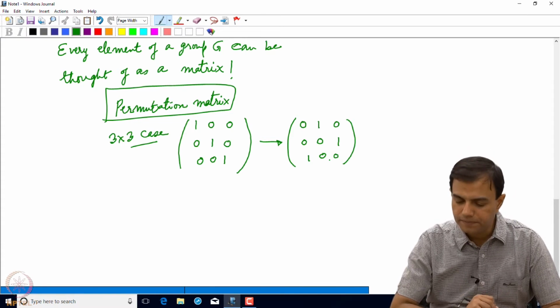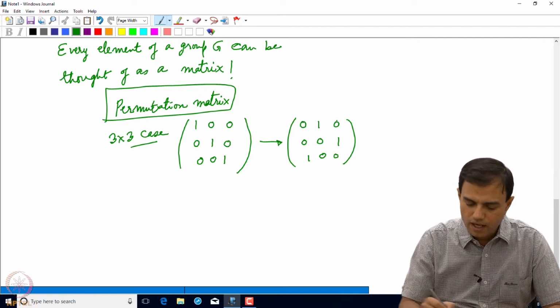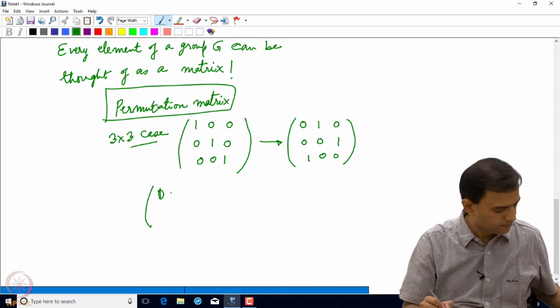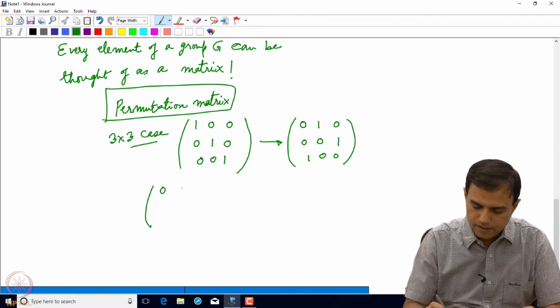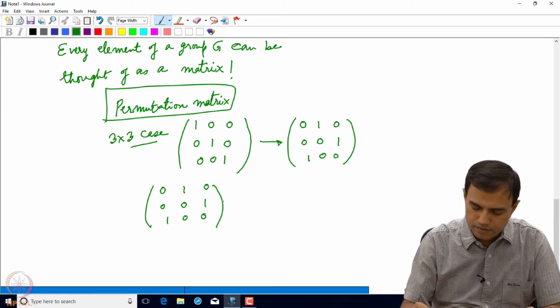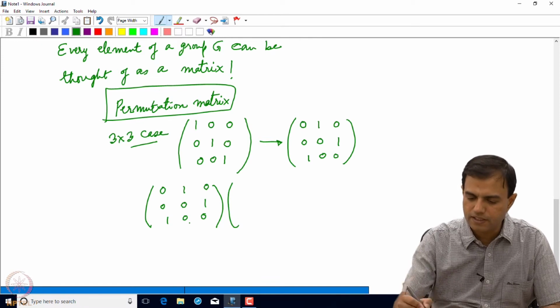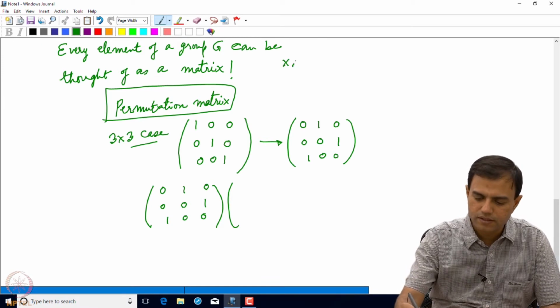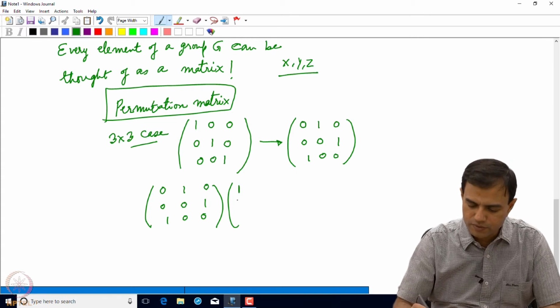What happens if I multiply this matrix to the x-axis, taking x, y, z as the 3 axes? The x-axis corresponds to 1, 0, 0.